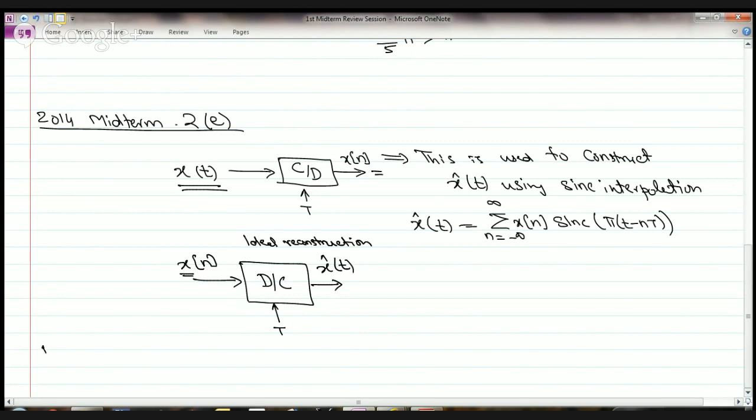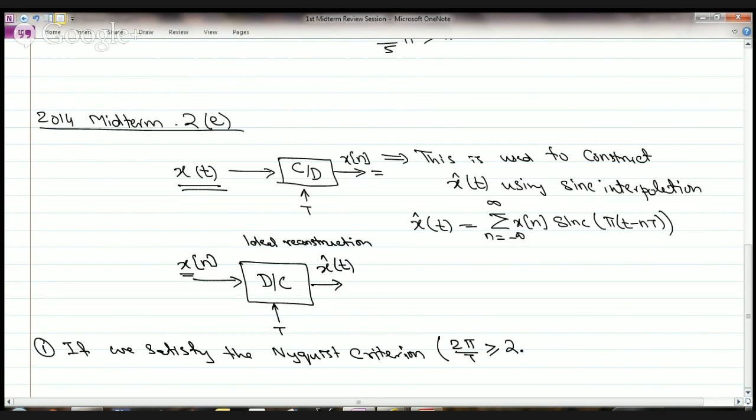So the first condition is if we satisfy the Nyquist criterion. What is that criterion? That your sampling frequency 2 pi over T must be greater than twice the maximum frequency in your signal.